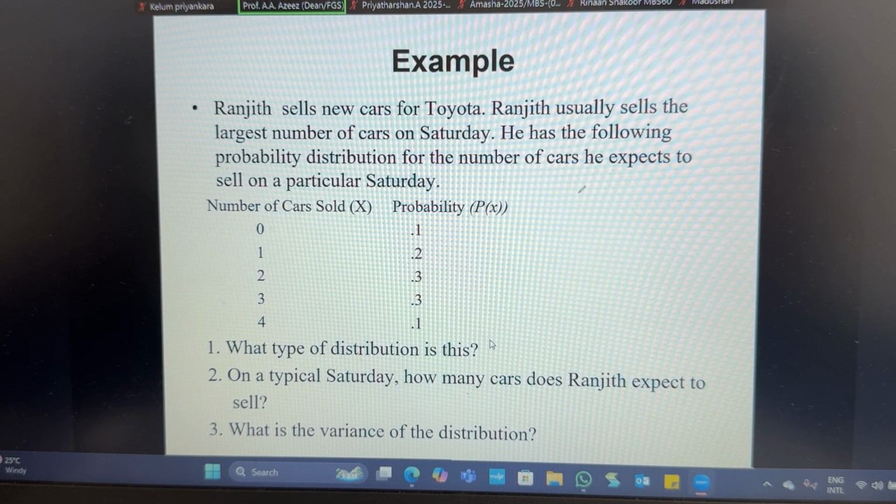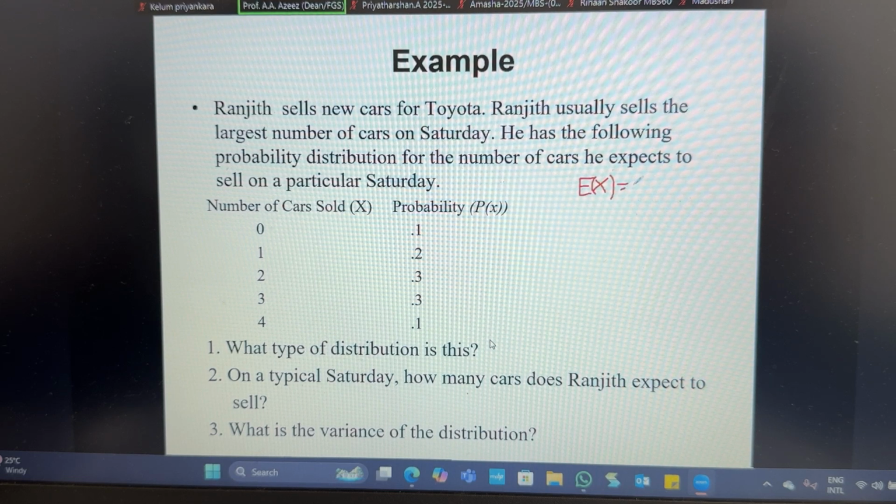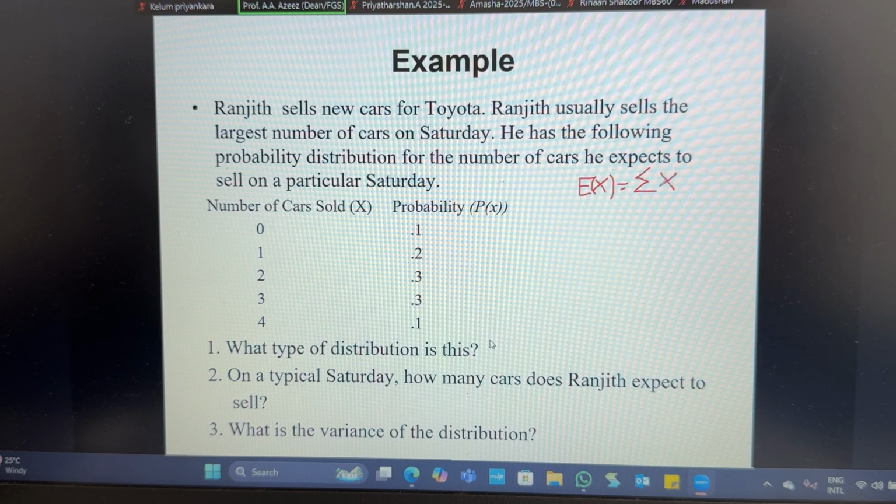So we know that our formula is E(X) equals sigma xi P(xi). This is the formula. So now we know that this column is the xi, and this is the probability.